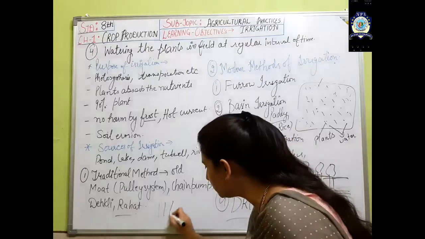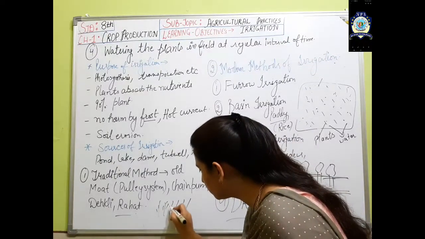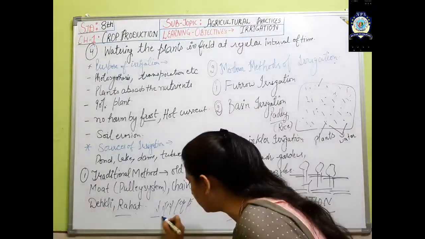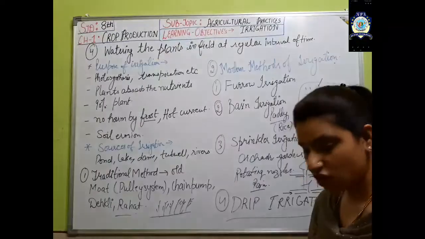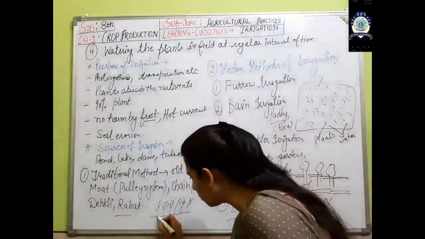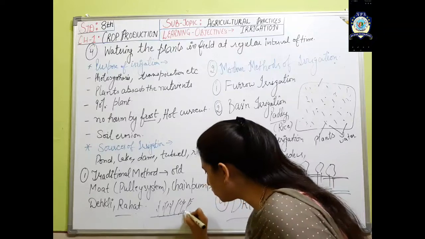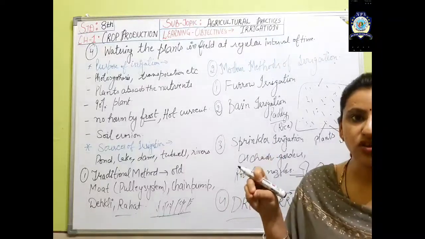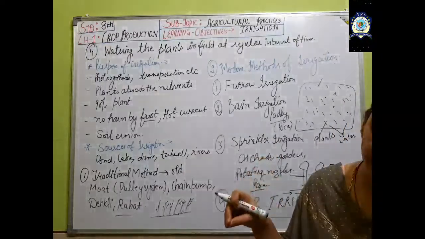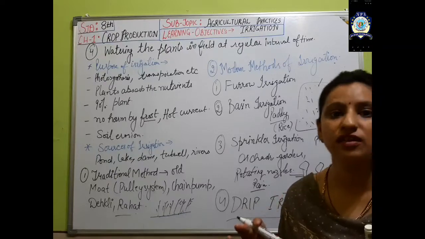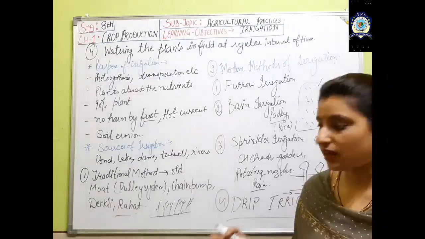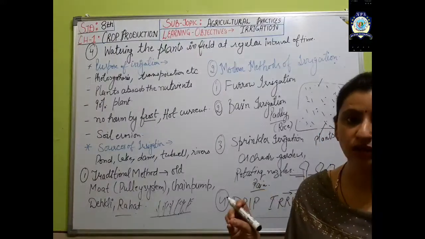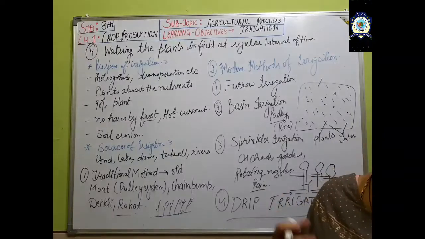If these are the plants, then near the root small channels are formed, and in the channels or pipes near the root there are small holes, and from these holes the water is given drop by drop to the base of the plant, that is the root of the plant, and it does not allow the wastage of water. Also it is very helpful in those areas where water is scarce, so it is a boon for the farmers in agriculture nowadays, okay.